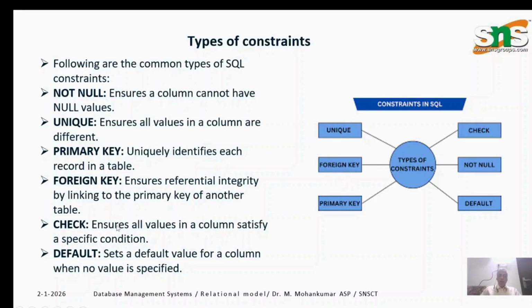Check constraint. Check ensures all values in a column satisfy a specific condition. Suppose we have an application, and in that application we need to check that all the parameters satisfy our conditions.